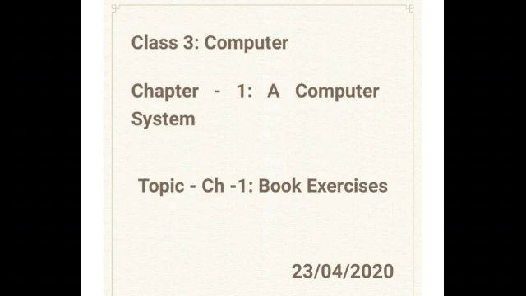It has many parts which can be grouped into two, that is hardware and software. Hardware parts are those parts which we can see and touch, and software parts is a set of instructions which helps the computer work.